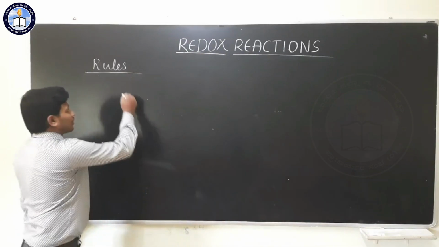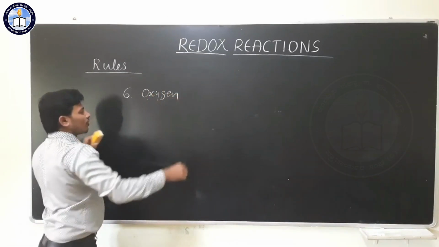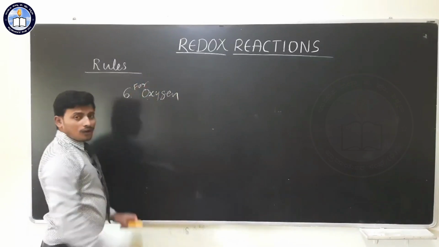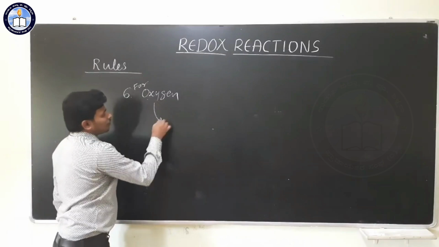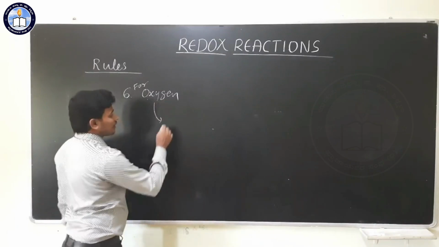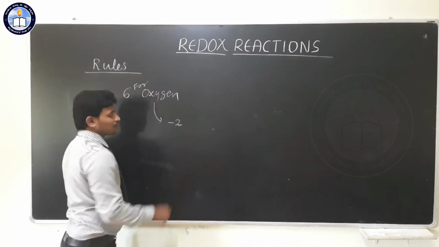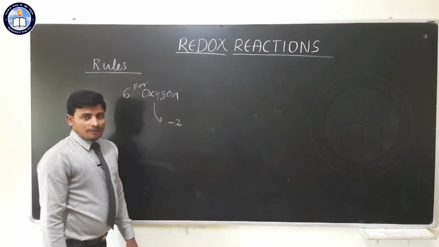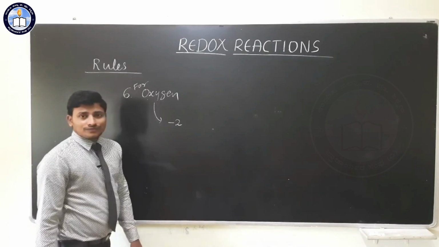The sixth one is oxygen. For oxygen, oxidation number is most of the time, even 99% of the time, -2. But some exceptions are there.